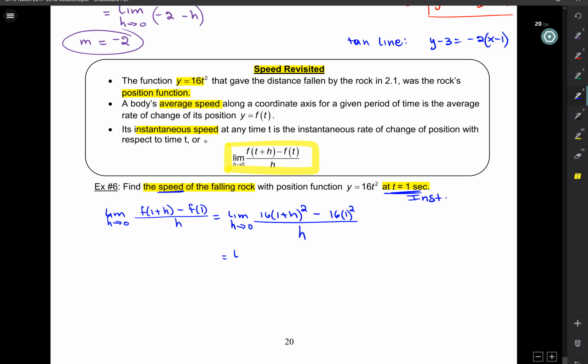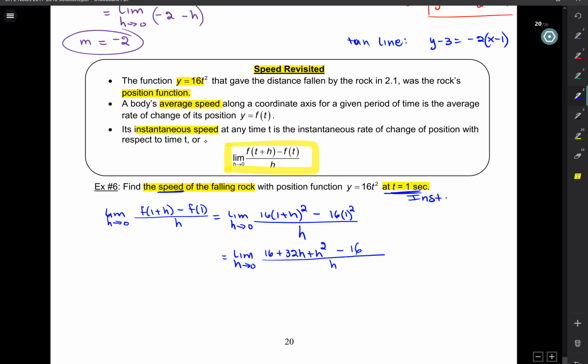This is equal to the limit as h approaches 0 of. Okay, I'm going to do two things at the same time here. I'm going to square 1 plus h and multiply the 16. So two birds with one stone. So it's 16 plus 32h plus h squared minus 16 over h.